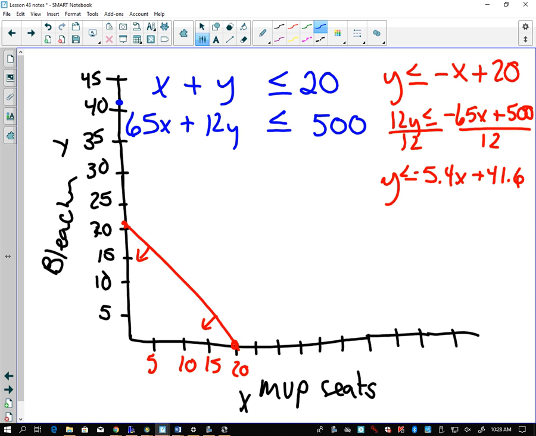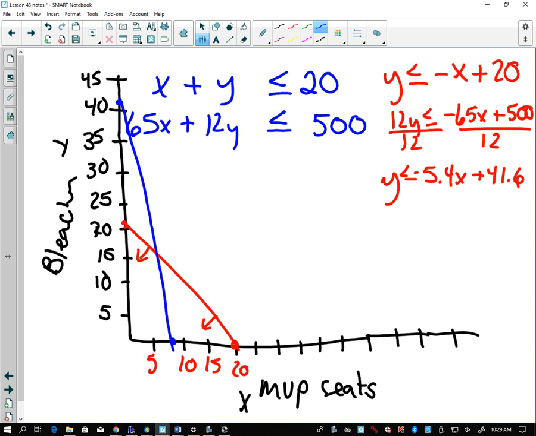So we would take 500 divided by 65, correct? What's 500 divided by 65? 7.69. So about right in here, correct? So something like that. Okay.